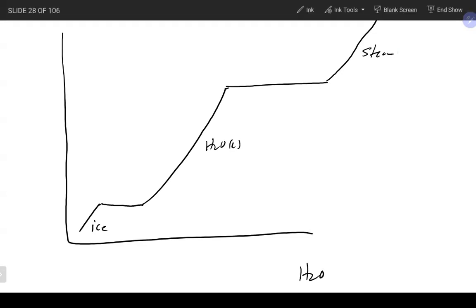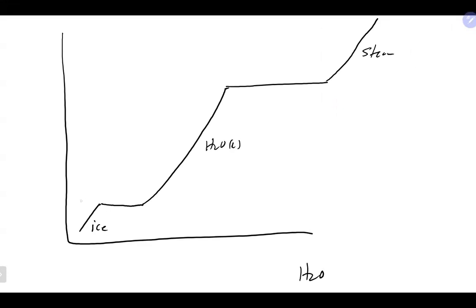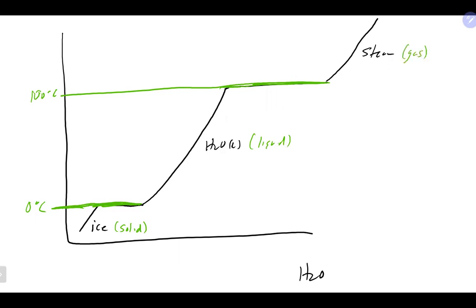So those transitions occur, very badly drawn here, but I'll level it out there. There we go. For water, that would be 0 degrees Celsius. Up here, that transition between liquid and gas occurs at 100 degrees Celsius. So really, this is our solid phase, this is our liquid phase, and this is our gas phase here.